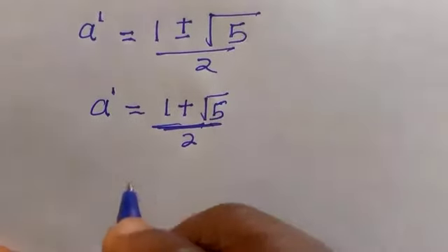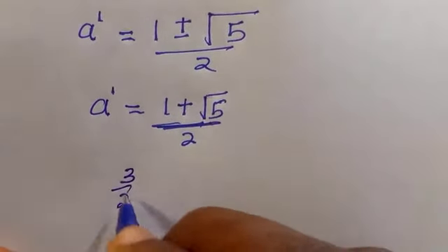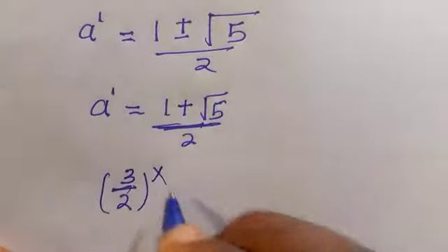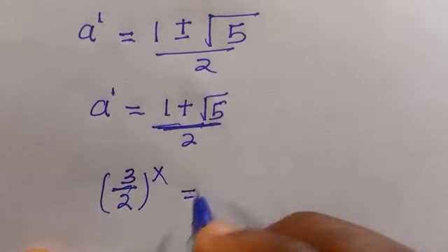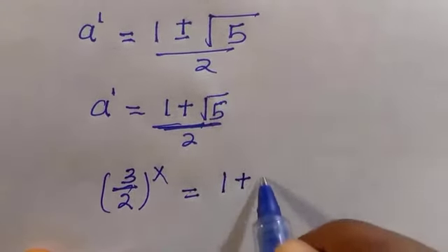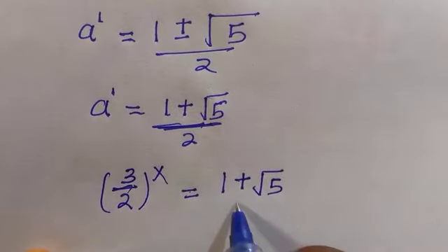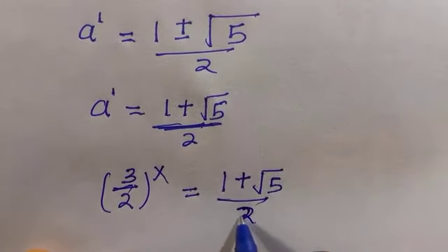So we try to replace it. Since along the line I changed it to a prime, we use a prime for this, which is 3 over 2 raised to power x equals 1 plus root 5 divided by 2.